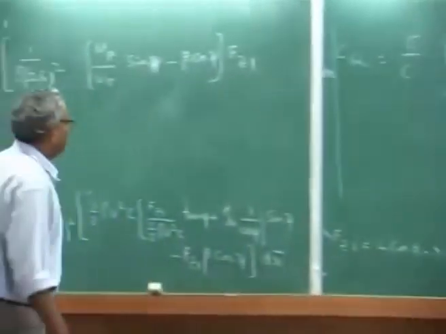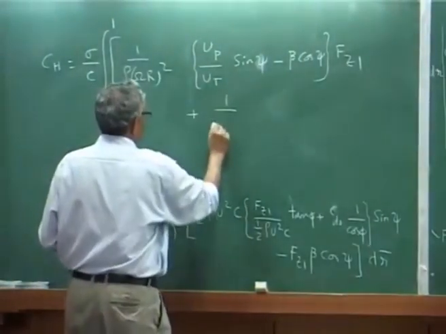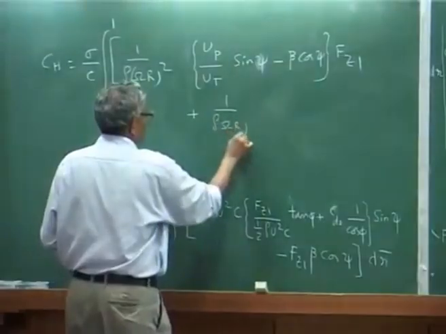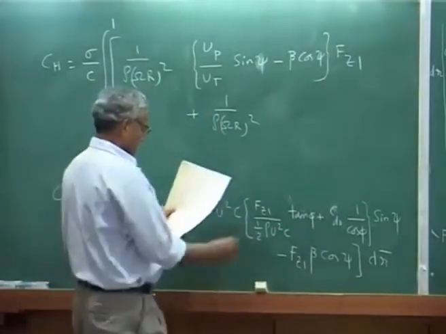After that, you will have plus 1 over rho omega r; you have to take this term.